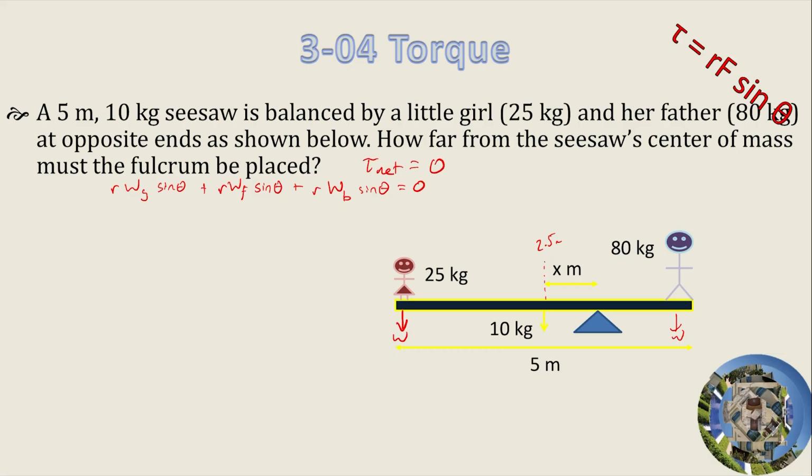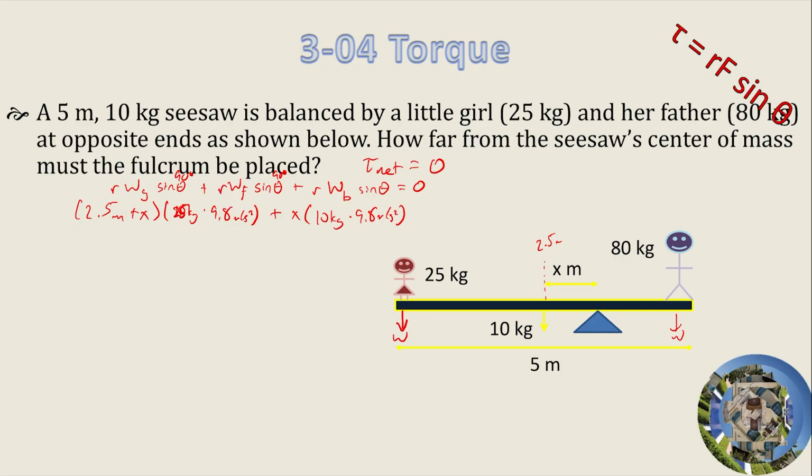Well, the girl is 2.5 meters plus x from the fulcrum, and her weight is 25 kilograms times 9.8 meters per second squared. The board is x distance away, and it is 10 kilograms times the 9.8 meters per second squared. Now, the angles are all 90 degrees. They're all perpendicular.